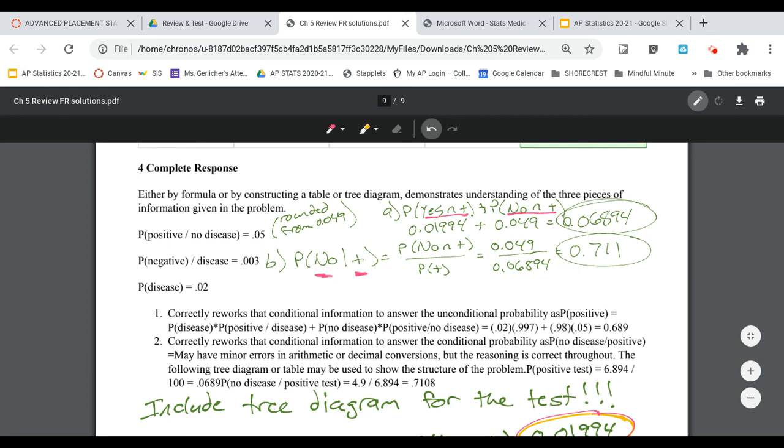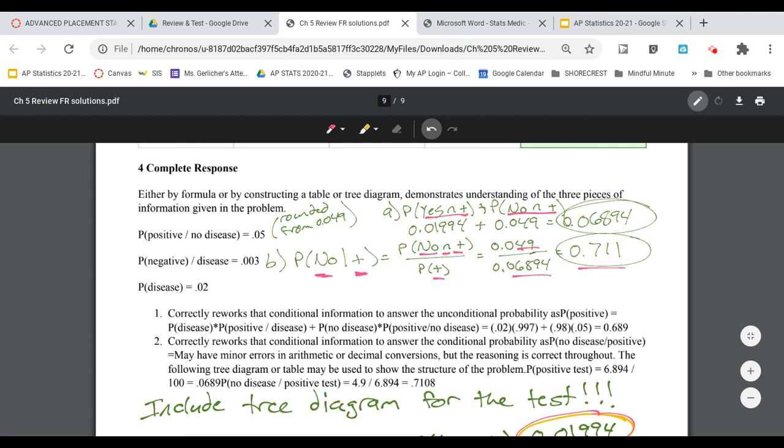So of those people who got a positive test, how many of them are false positives because they don't actually have the disease? So I used my conditional formula: no and positive divided by just positive. I found those straight off the tree diagram, and this one is up above, my answer for A, and I got that for my answer.